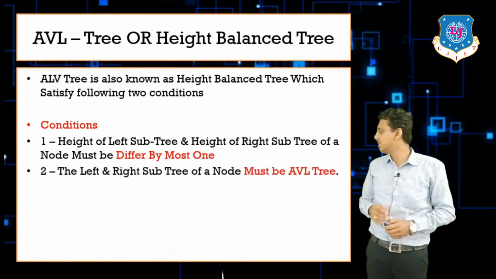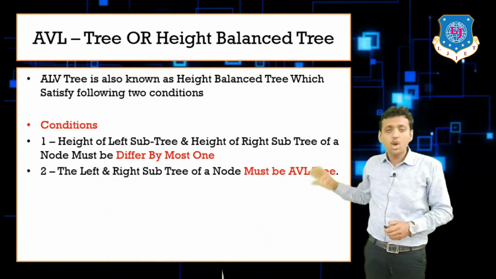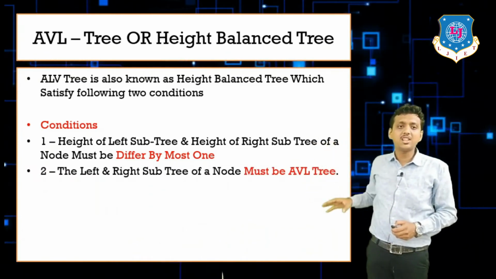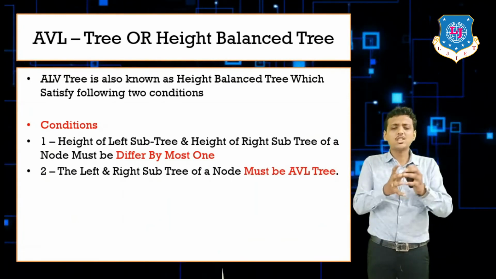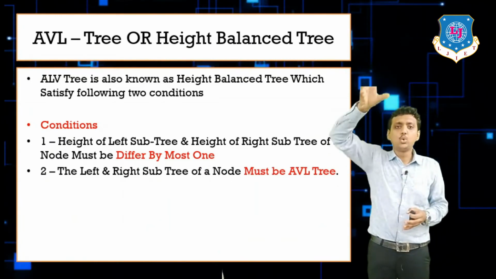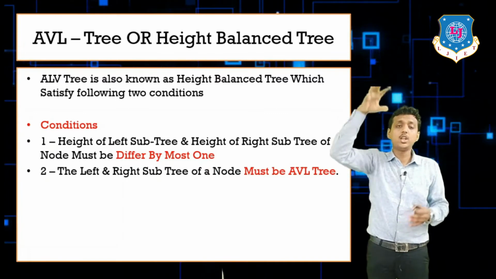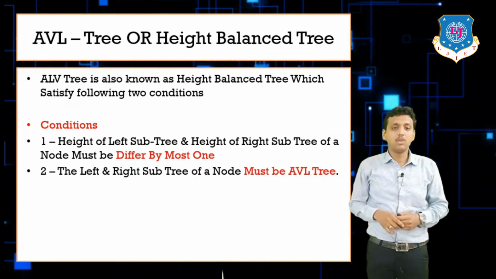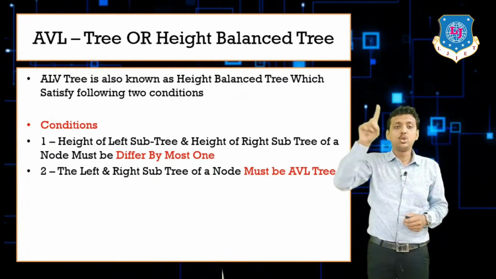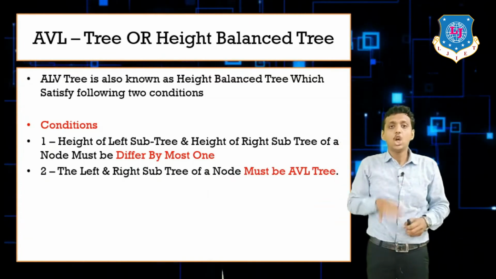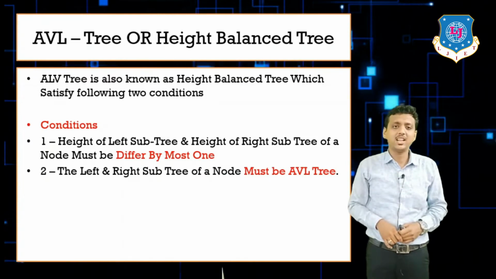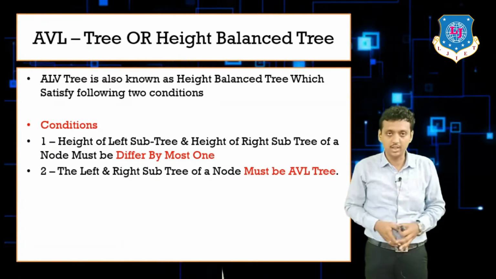And the next condition is that the left and right subtrees of a node are also AVL trees. It's not that only the root node is considered; for the root node's subtrees and child nodes too, the difference between the LST and RST should not be greater than 1.